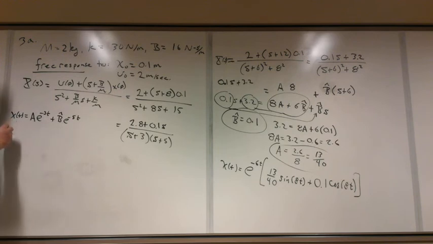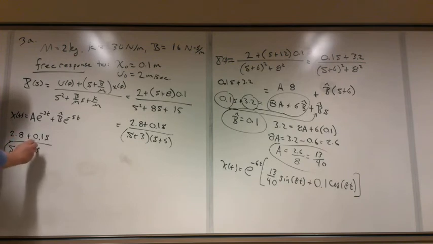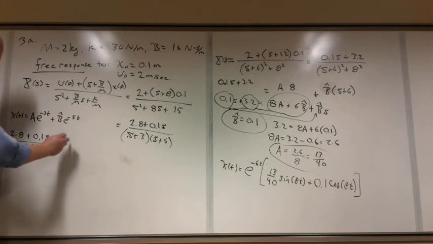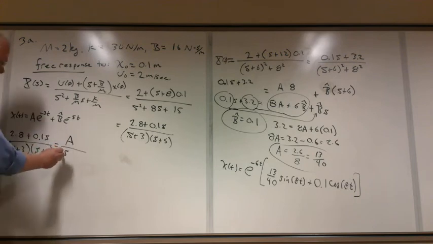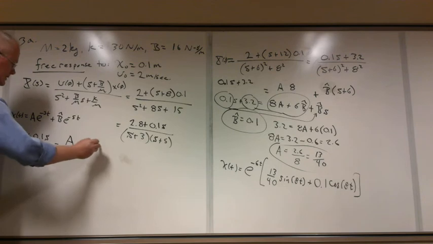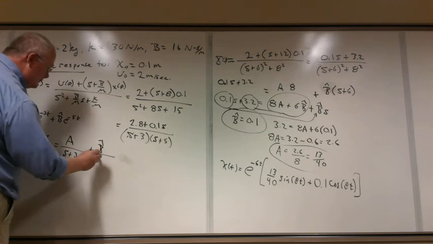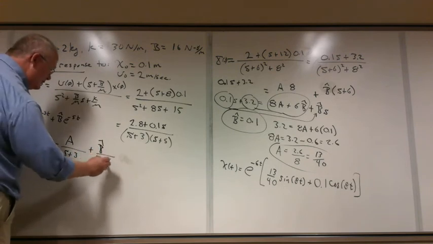What we do is we say 2.8 plus 0.1 s all over s plus 3 times s plus 5 is equal to a over the Laplace of e to the minus 3t, so that's going to be s plus 3 plus b hat over s plus 5.